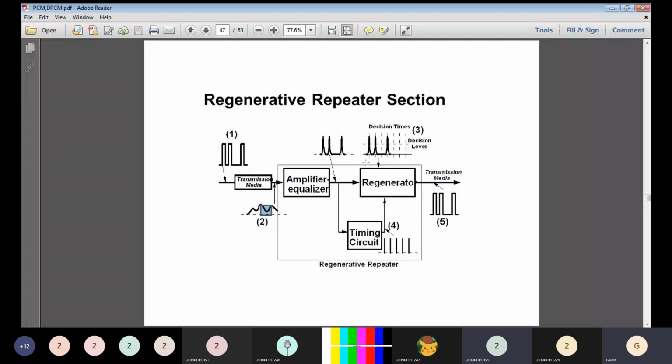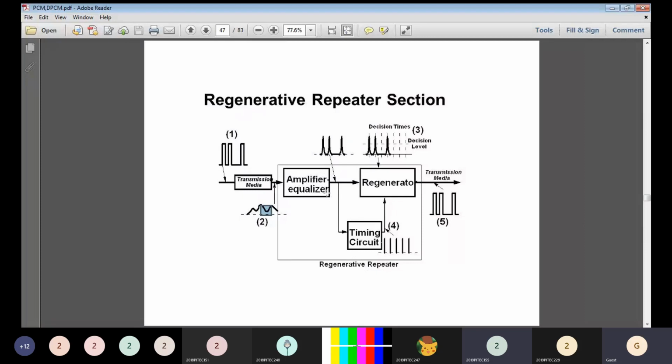The blocks we have inside the regenerative repeater are an amplifier combined with the equalizer, then the regenerator, then the timing circuit. What is the function of the amplifier combined with the equalizer? The amplifier is used to boost up or amplify the received pulses, and the equalizer is used to minimize the ISI, intersymbol interference.